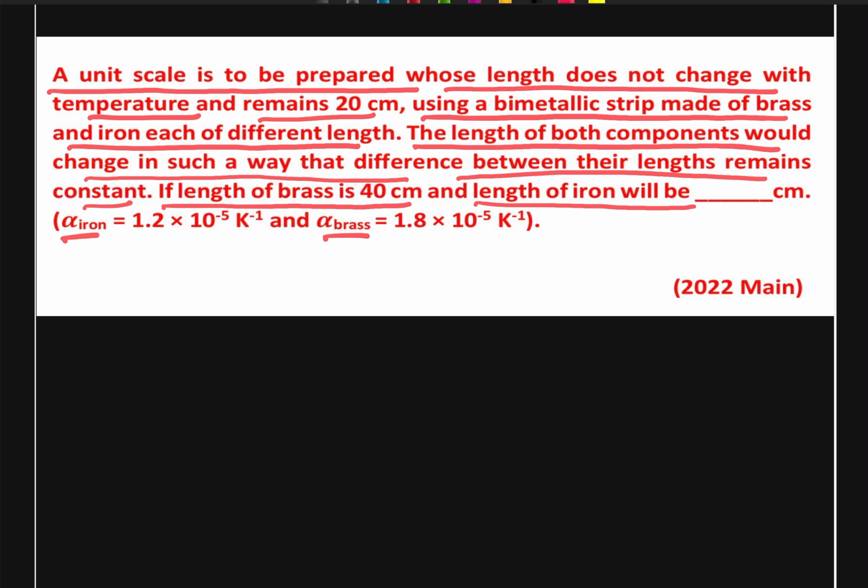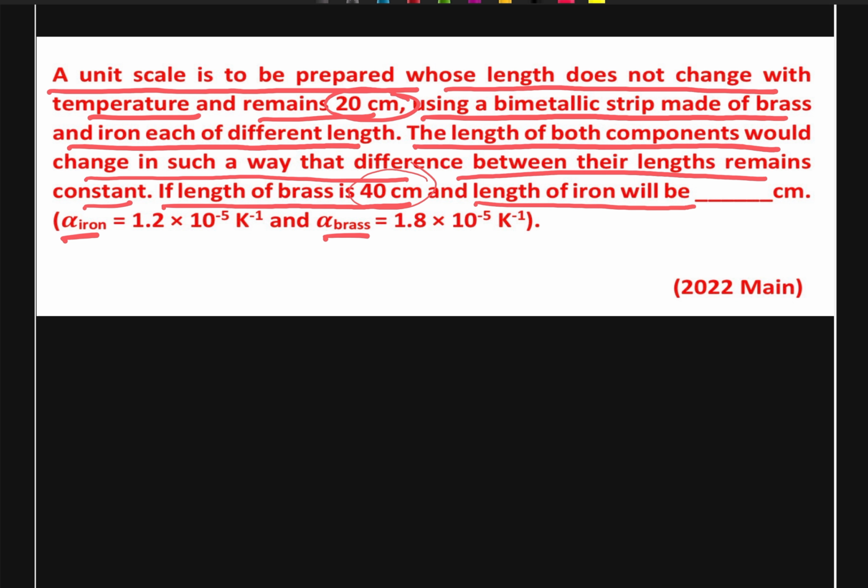Here we have to keep in mind that it's a bimetallic strip, and the length of the brass is given to us as 40 and the length of the scale is given as 20 centimeter.